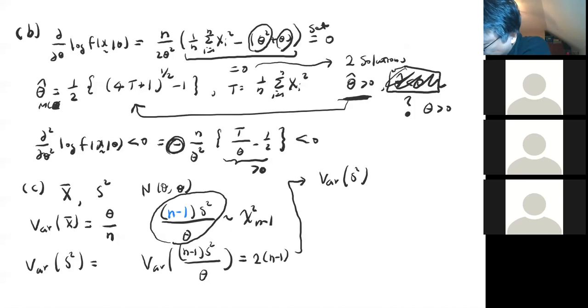Taking the constants out becomes n minus 1 squared over theta squared times the variance of x squared, equals 2 times n minus 1.